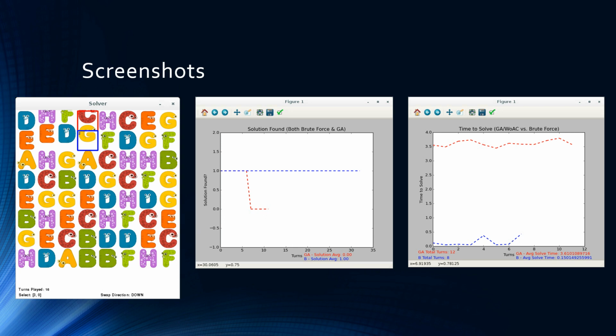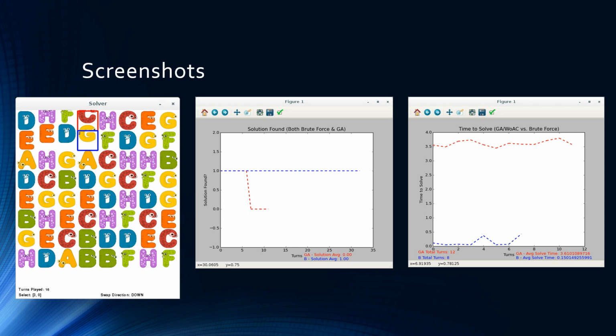You can see in the bottom left in the first picture where it says select and it says 3-0, which would be 3 over from 0, with 0 being the top line, so that's where the cursor is. And you can see the swap direction is down, which shows that 3-1 is where the gem you have selected is going to swap to. It also keeps track of the turns placed, just so you can get a good feel for that.